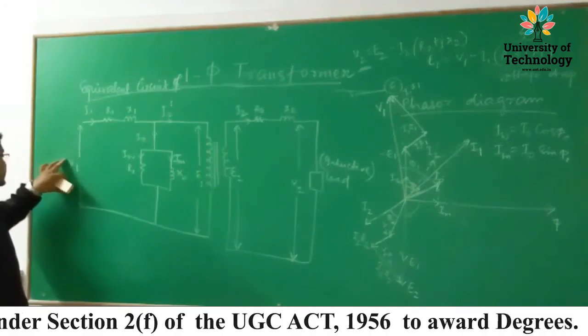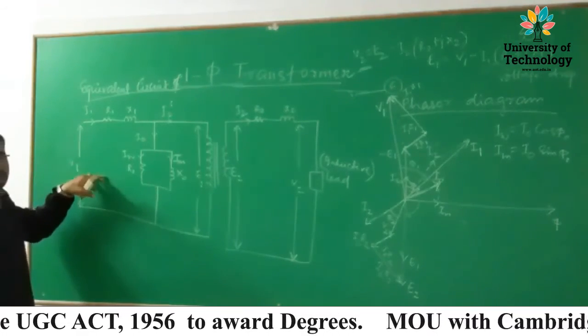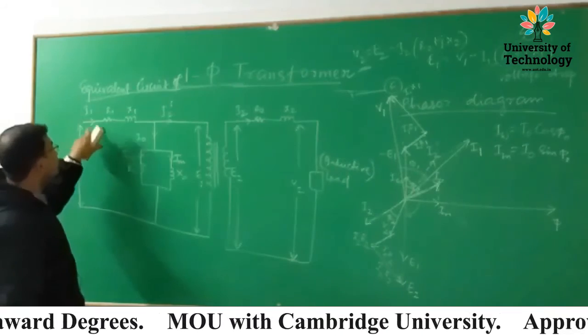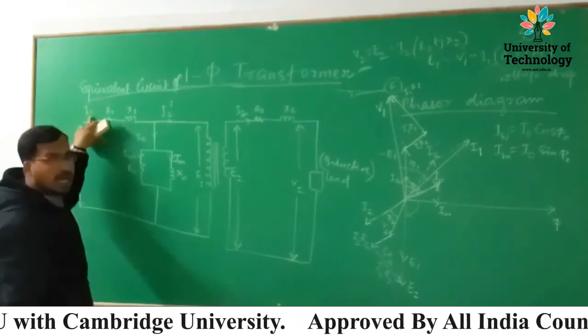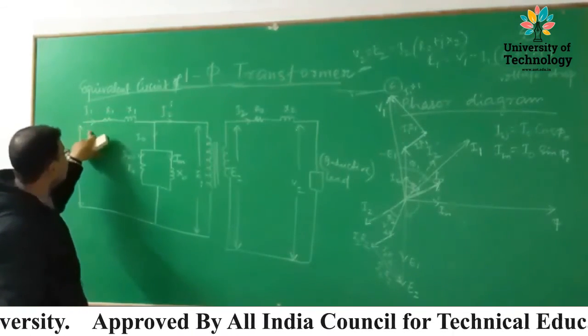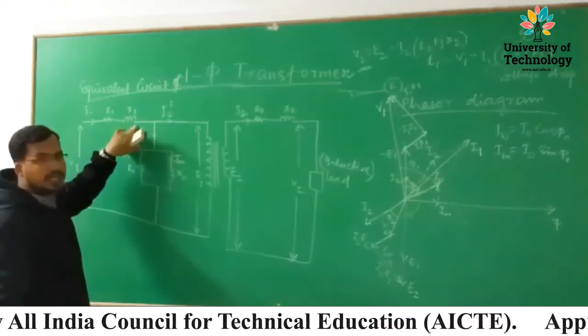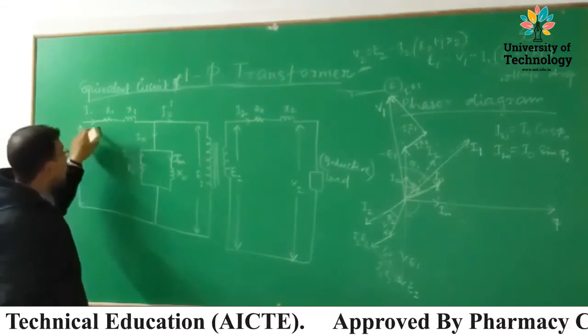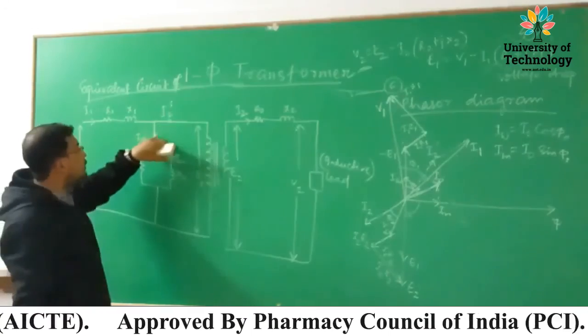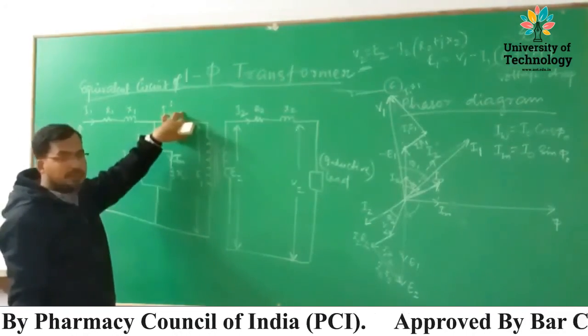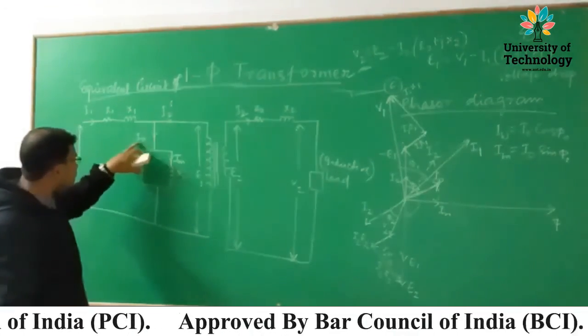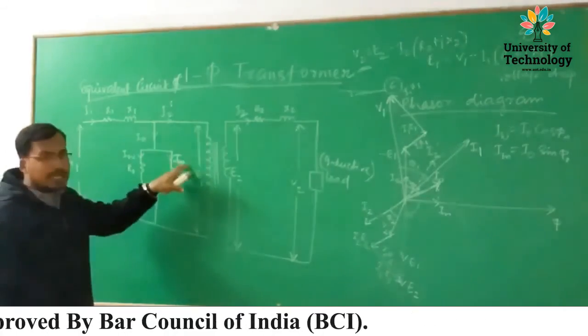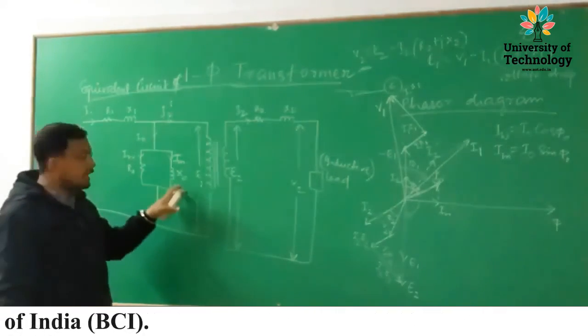Clear? From the primary side we have given the supply voltage V1, and due to this we get current I1. I1 is the current flowing in the primary winding R1 and X1, and this current is the vector sum of I0 and I2 dash. Now I0 has two components, IW and IM, which flow in R0 and X0.